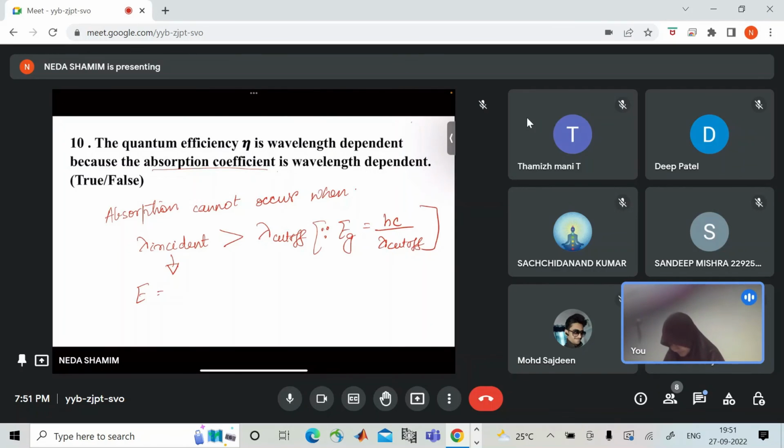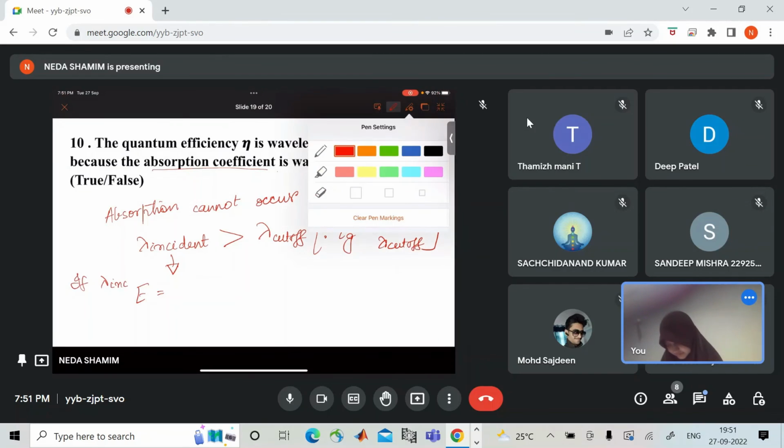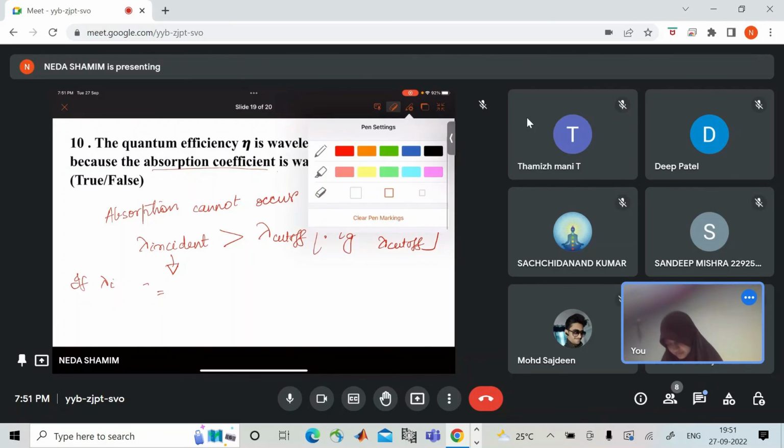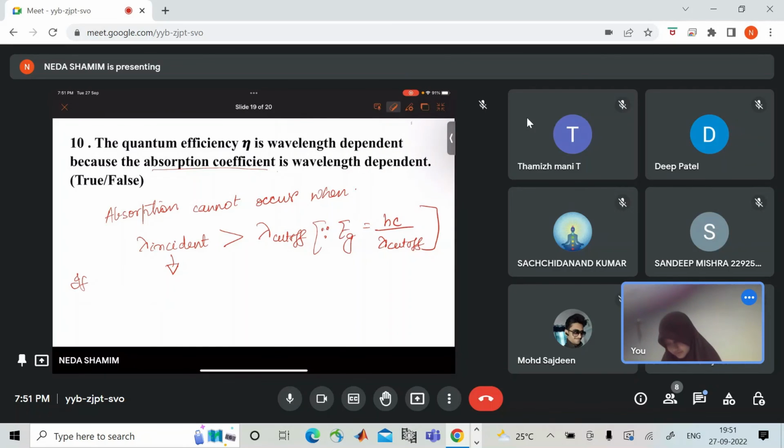If lambda incident is greater than lambda cutoff, then this will imply that the energy of the incident wavelength is less than the energy of the band gap, then this will not be absorbed, right?